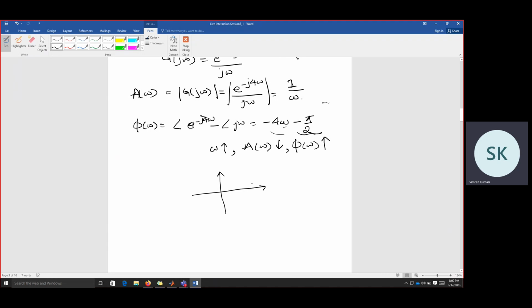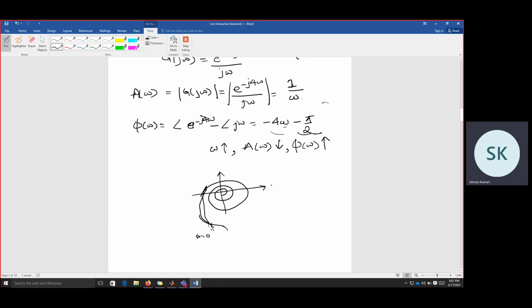So if we try to plot the polar plot, the Nyquist plot of this one, what do we get? The polar plot will be some kind of this, where the magnitude is infinity at omega equal to 0, corresponding to minus 90 degrees, and as the frequency increases, the magnitude is decreasing and the phase shift is increasing.